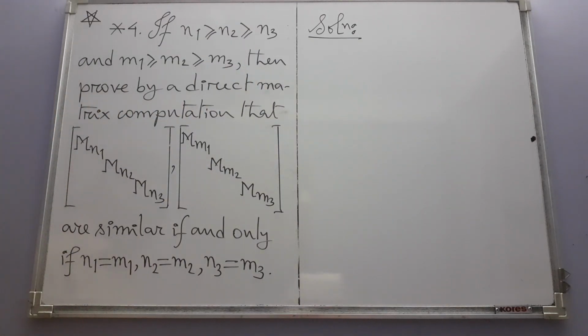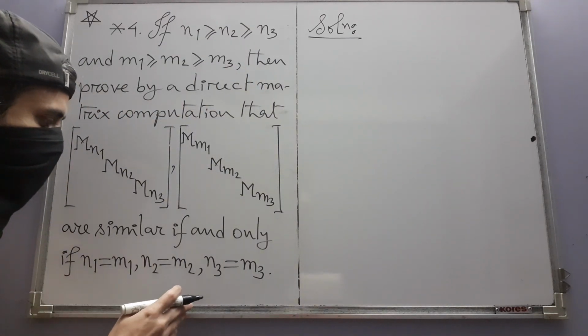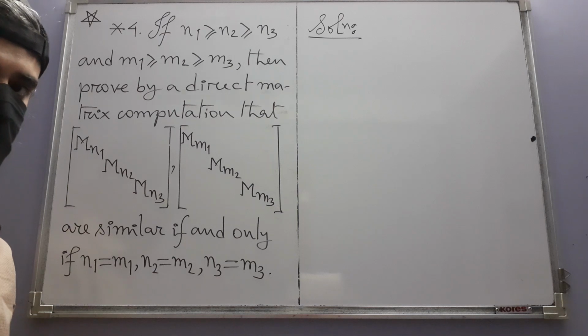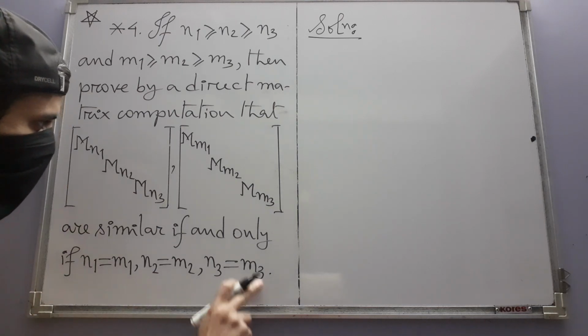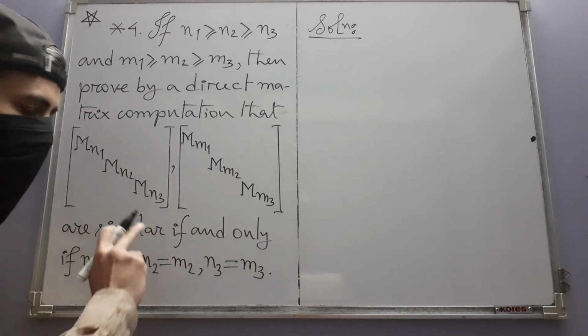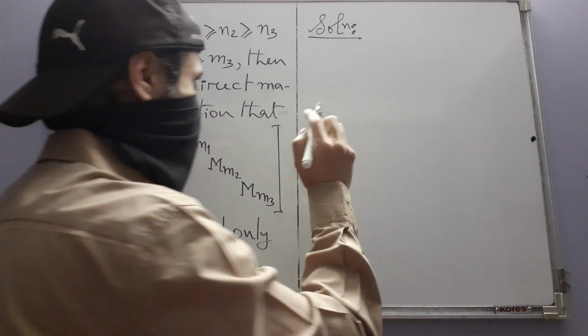You already know that one half of this double implication is obvious. Namely, if these are true, then these two are similar because they are the same matrix. So let's start with that.